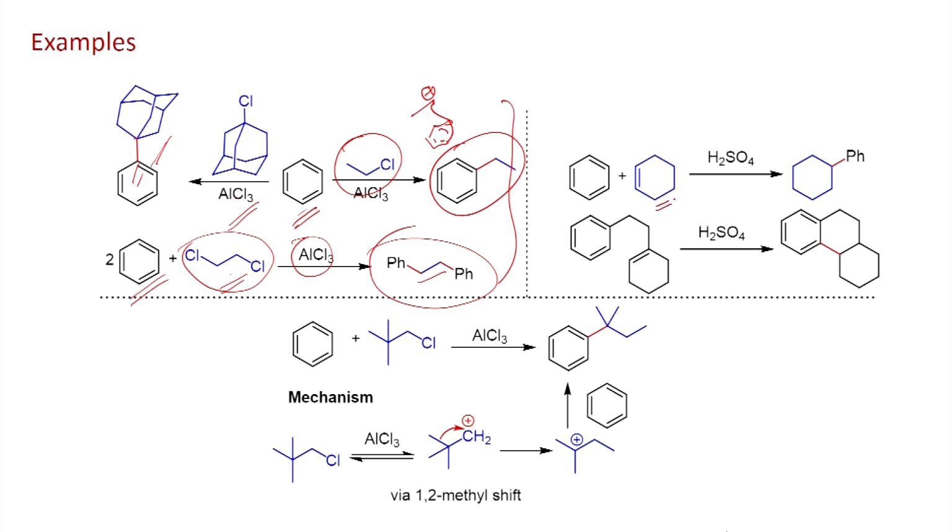For example, if you have the alkene in the presence of acid, as we have seen, it can act as a nucleophile, then you will be able to form a carbocation.